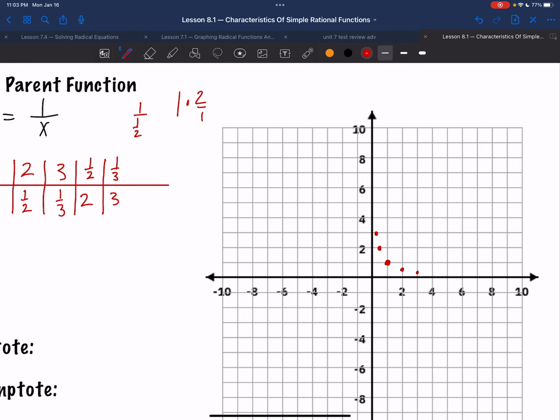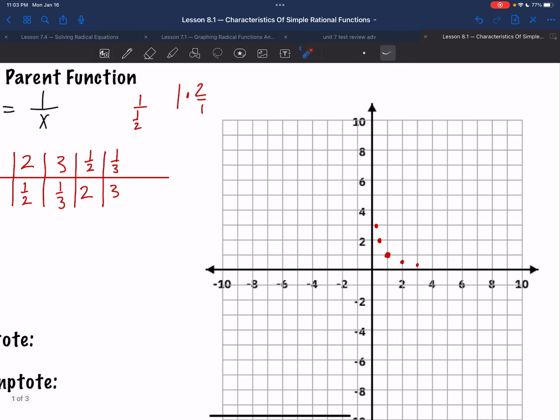Now, if you think about this, right, as I go towards the right, these fractions are just going to keep getting smaller and smaller, right? 1/2, 1/3, 1/4, 1/5, 1/6, and so forth. So this line coming down is just going to get closer and closer and closer this way, right?